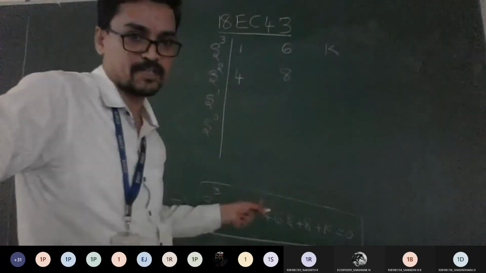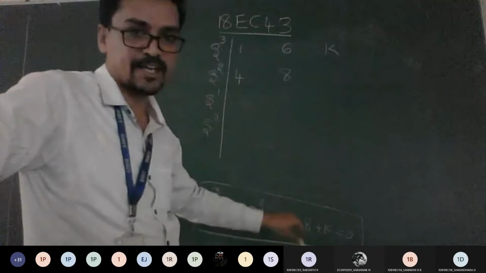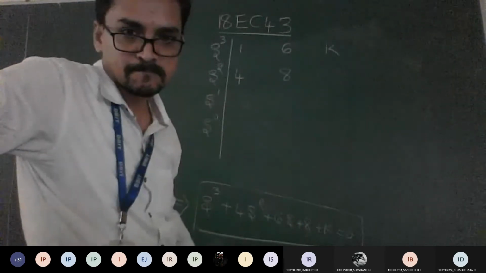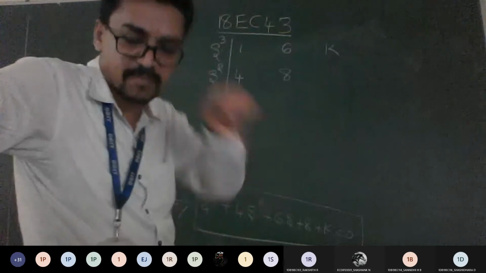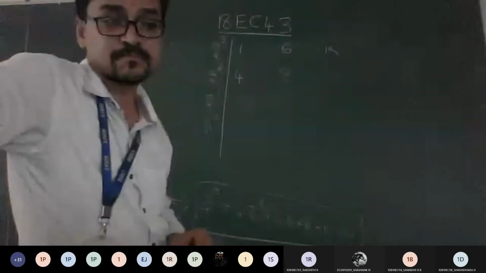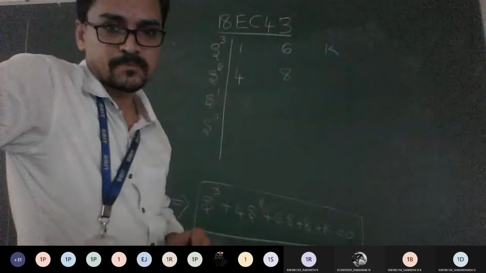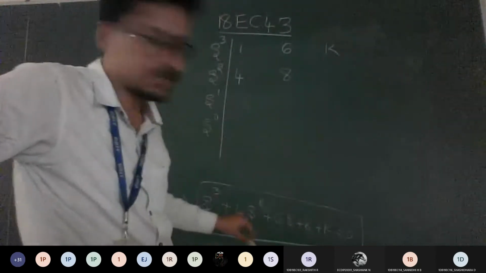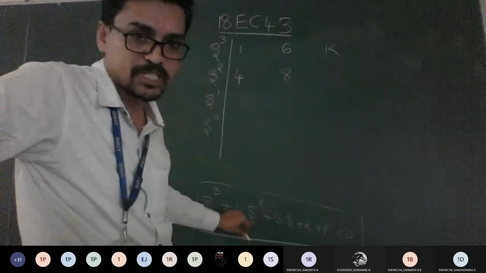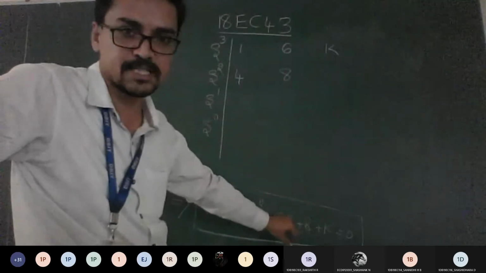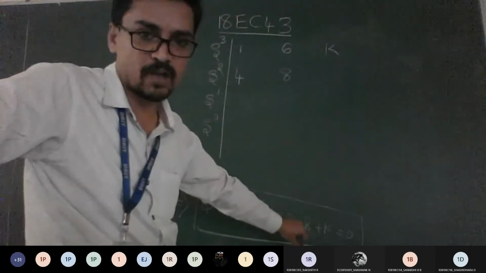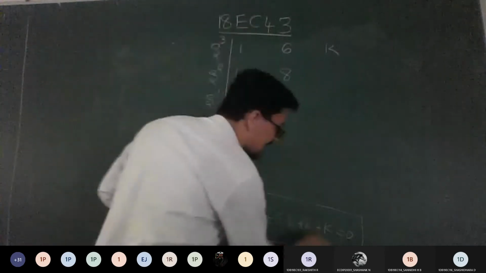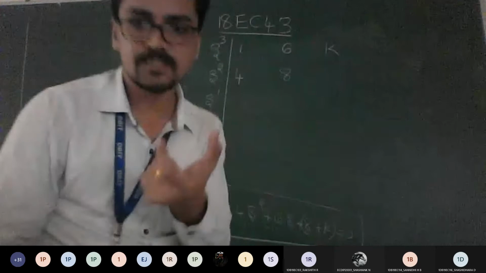Just observe the equation carefully. 8 and k, is it a constant term only? Yes or no? Do you think 8 is separate, k is separate? See, this is a mistake you will commit. Higher powers are having a constant term. So don't think the constant 8 is separate and k is separate. You need to take 8 plus k as one constant term.